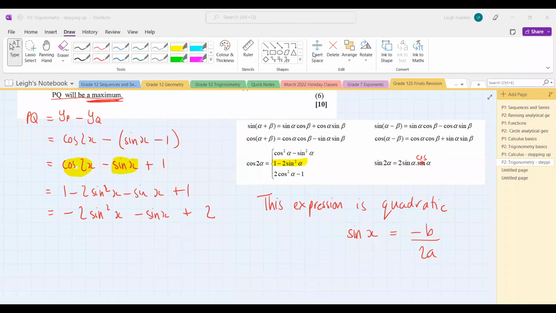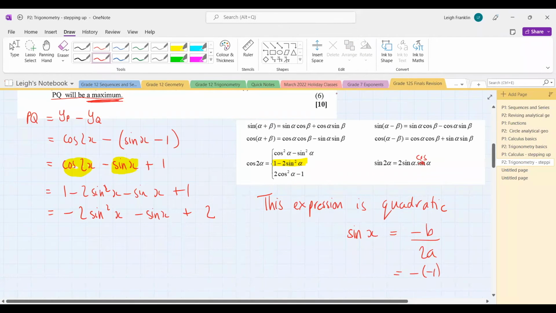Remember, a is the coefficient of the sine squared x term, b is the coefficient of the sine x term, and c is the constant. So in this case, it would be negative 1 over 2 times negative 2.